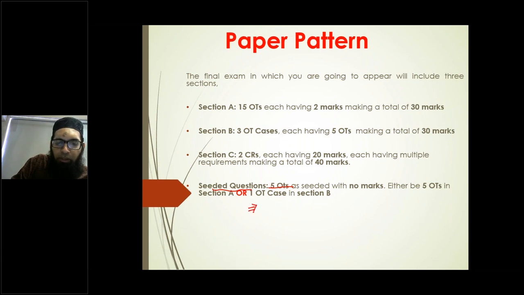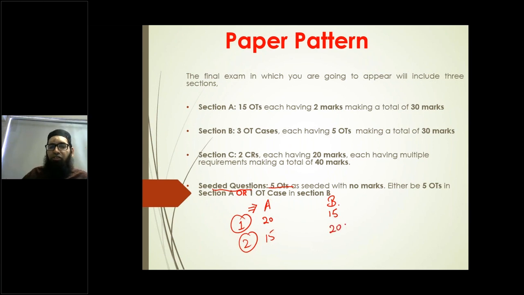With that, I'm talking about section A and section B, you will find either 20 questions in section A and 15 objective tests in section B, or 15 objective tests in section A and 20 objective tests in section B. Now, if there are 20 objective tests in section B, that means there will be 4 OT cases.